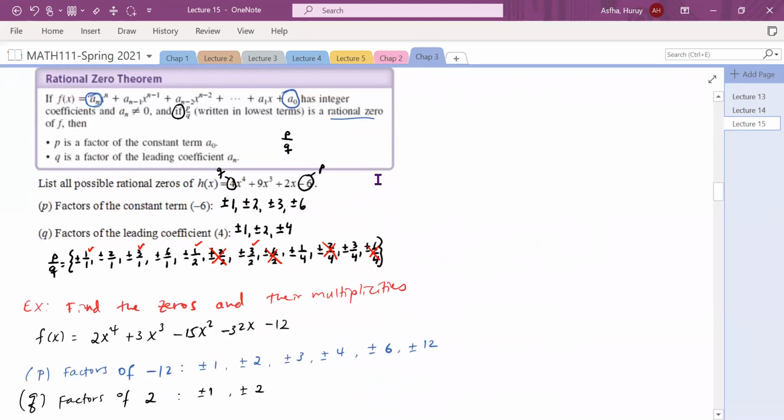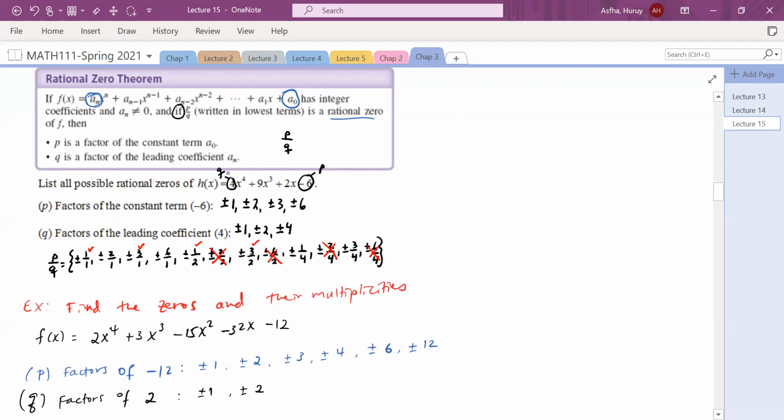So for example, if we have h of x equals 4x to the power of 4 plus 9x cubed plus 2x minus 6. Here the leading coefficient is 4, and the constant is negative 6. So if p over q is a zero of the polynomial function, then q is a factor of 4, and p will be a factor of negative 6.